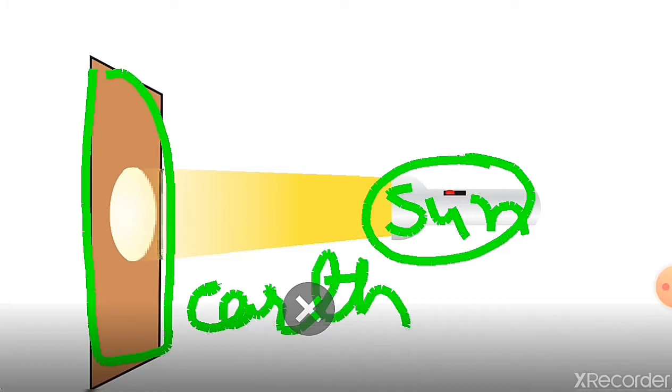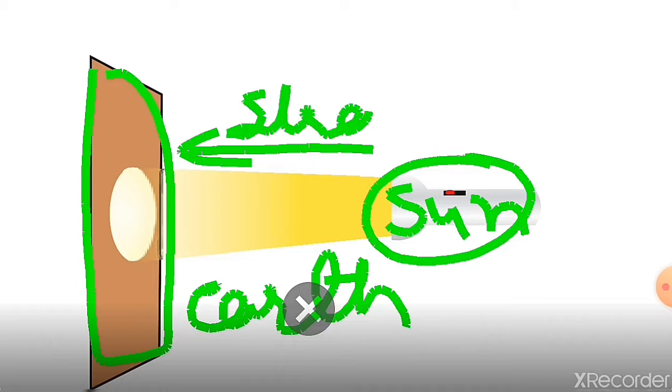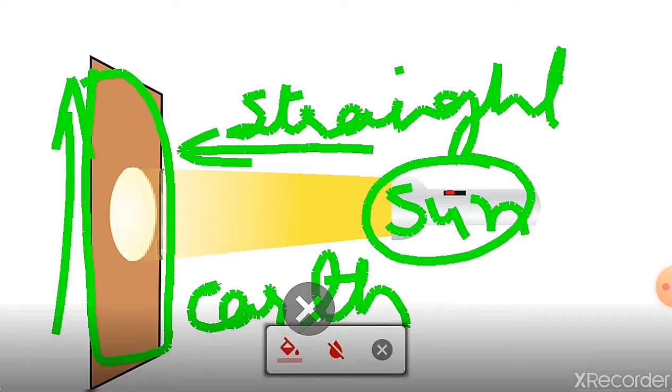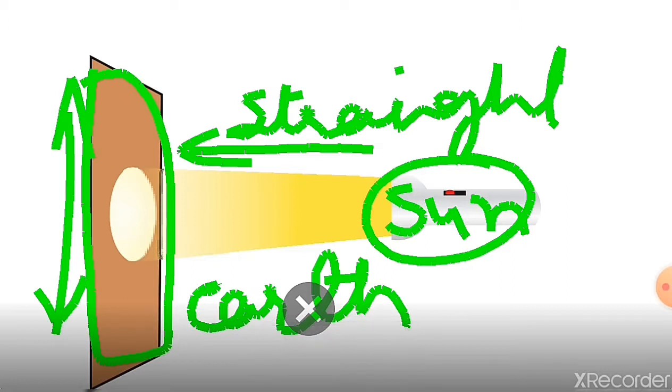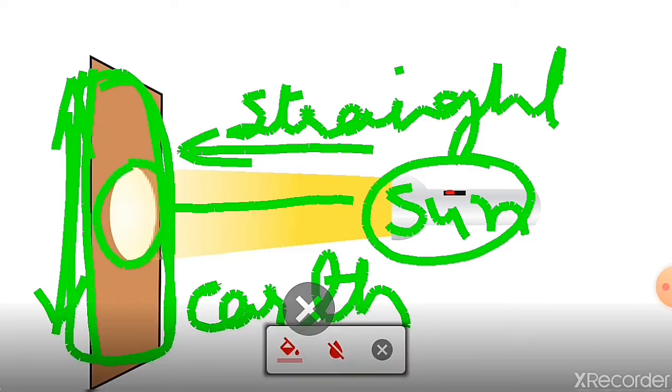Light is falling on the earth in a straight way, and this surface is also straight. This is important: there will be a difference between surfaces of your earth. This is a straight surface and the light is falling on it, so this light will cover a smaller area.